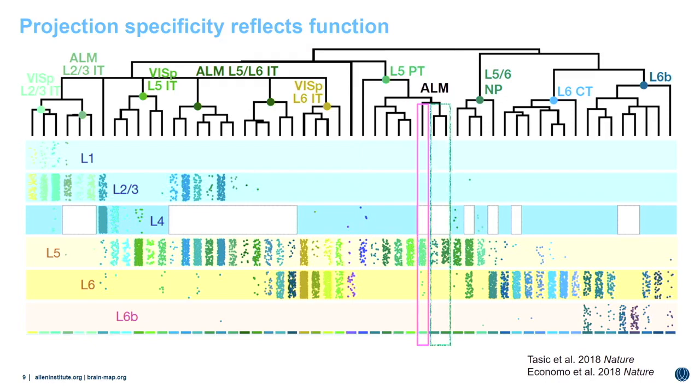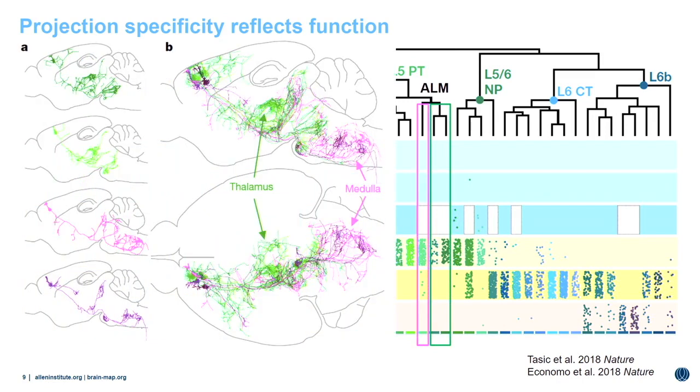is that we have two major morphological types that correspond to these transcriptomic types. One type projects to medulla. This is in collaboration with the Svoboda lab at Janelia, while the other two types, in fact, project only to thalamus. And this dichotomy in projection between these highly related types also correlates with their behavioral roles.